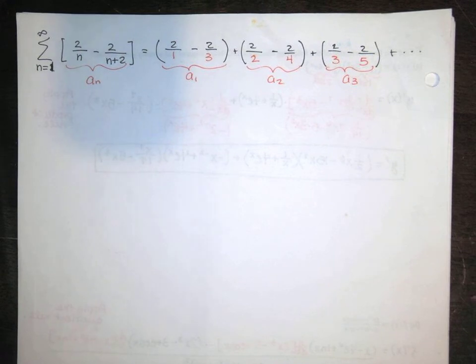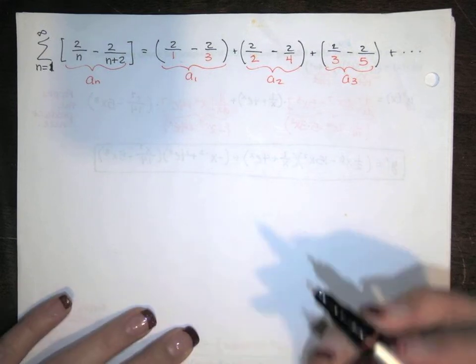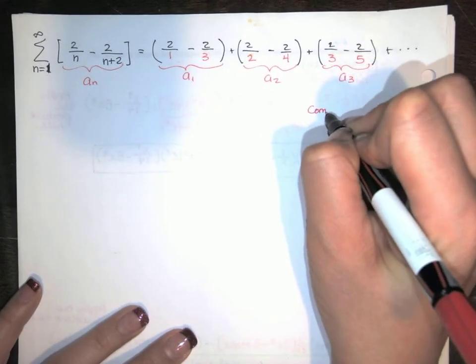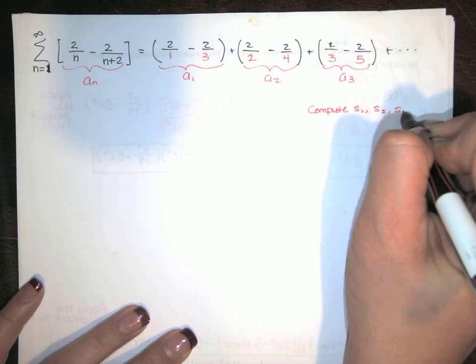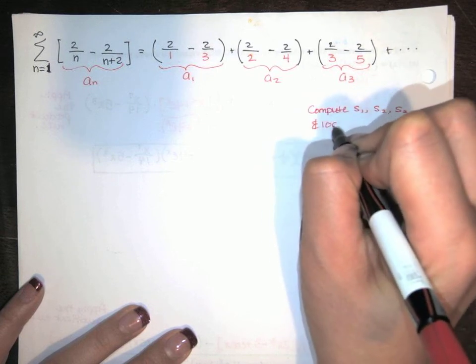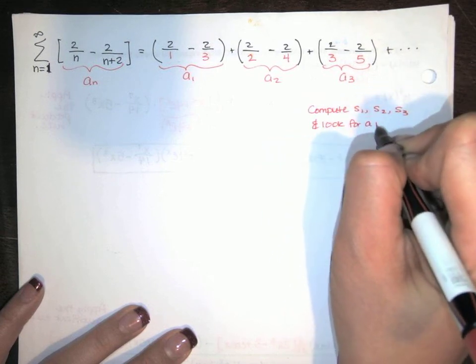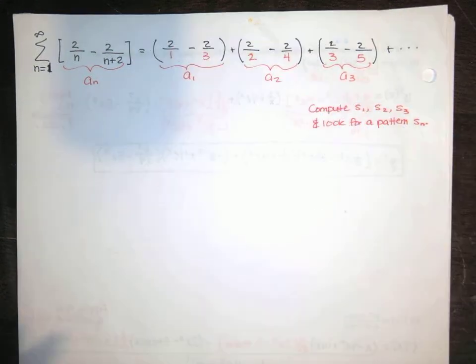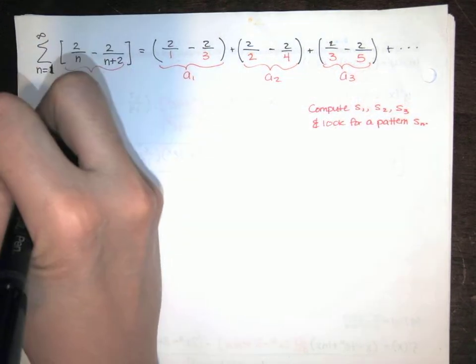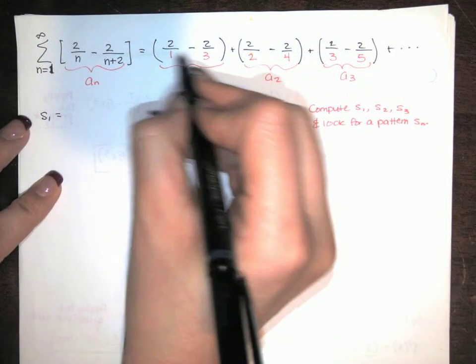And now I want to try to find a pattern for the nth partial sum. So we are going to follow this process again. We're going to compute s sub 1, s sub 2, s sub 3, and look for a pattern. We're trying to find s sub n. So s sub 1 is just this first term.